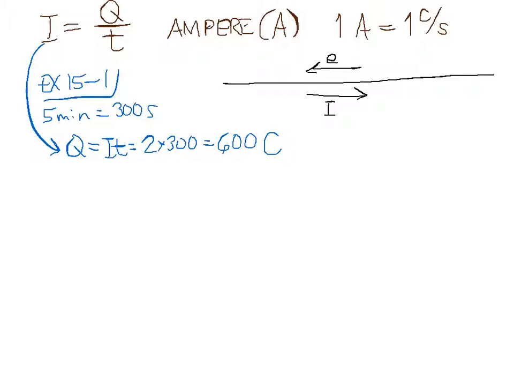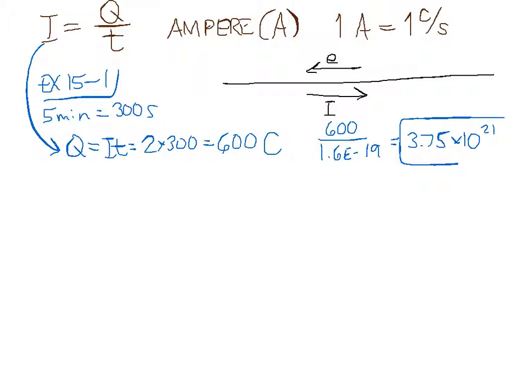If it's 600 coulombs, you want to figure out how many electrons that is. You just divide that 600 coulombs by the charge of 1 electron. So 600 divided by 1.6 times 10 to the negative 19, which gives you a total number of electrons of 3.7 times 10 to the 21.